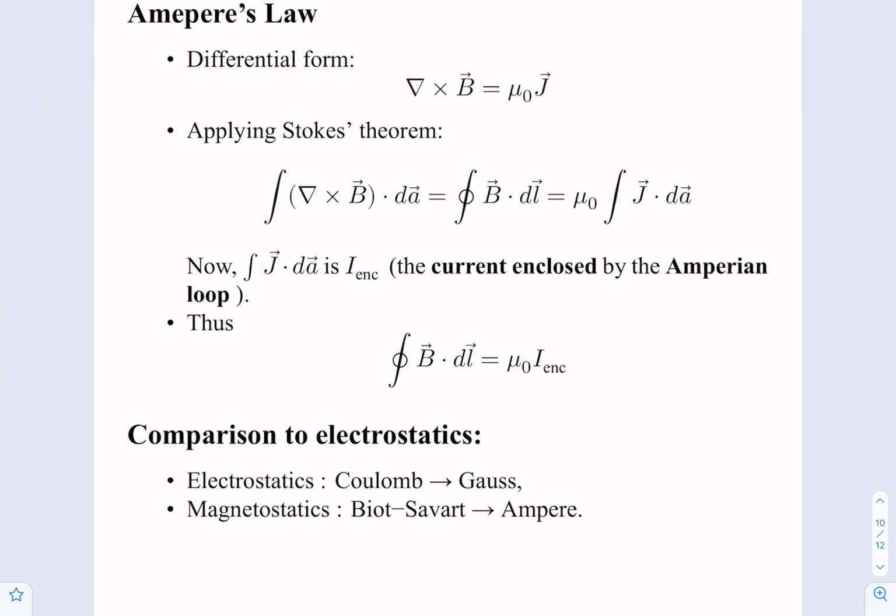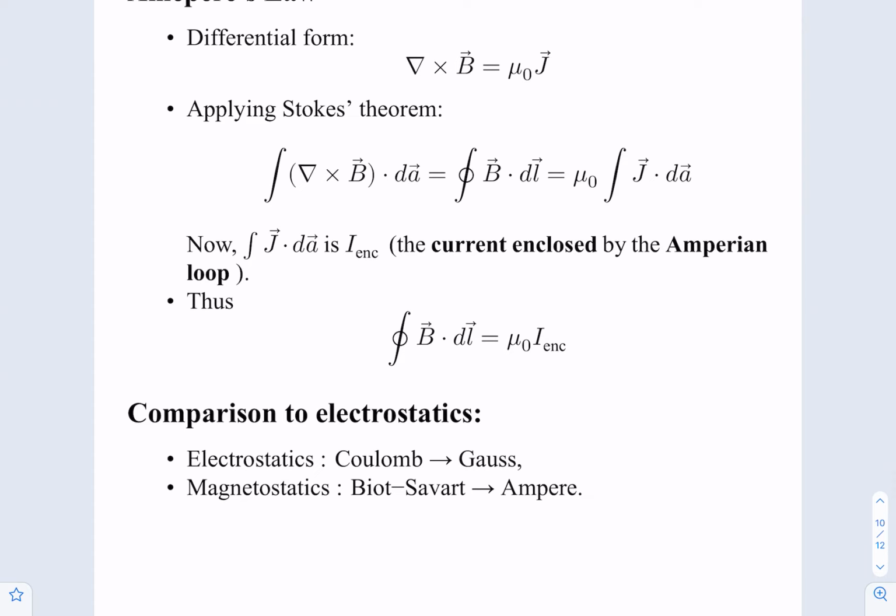Now if we compare the electrostatic case and the magnetostatic case, we have the source, and the source charge generates the E field by Coulomb's law, and the source current generates the B field by the Biot-Savart law.